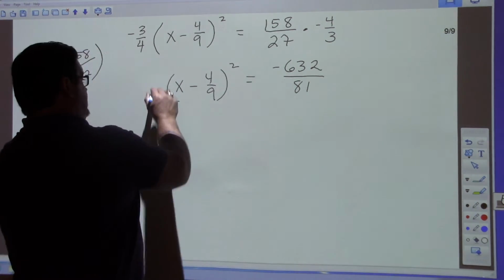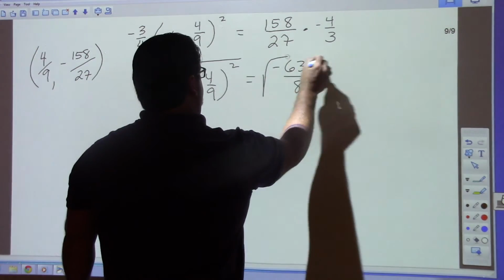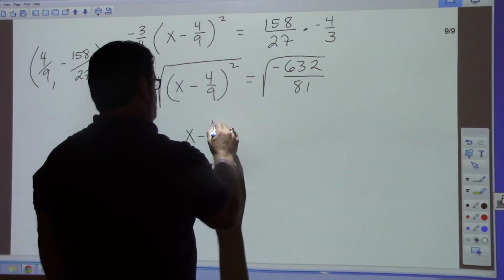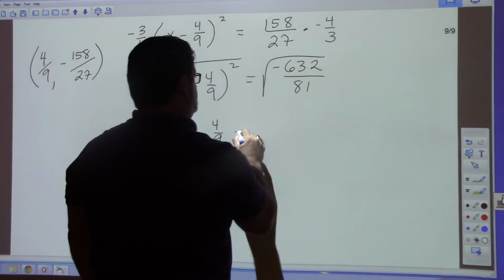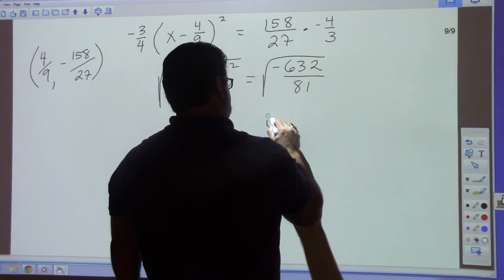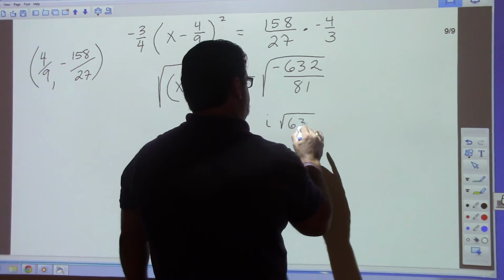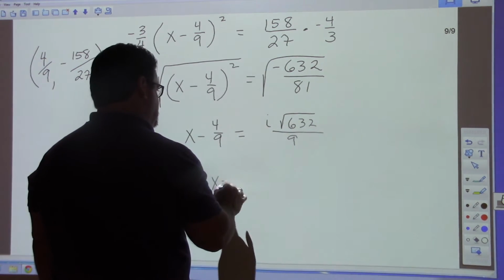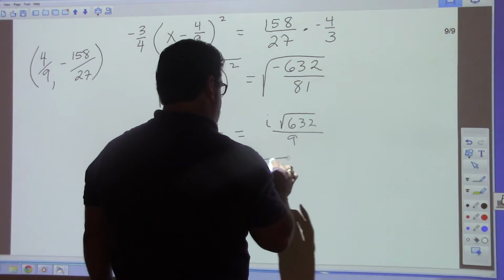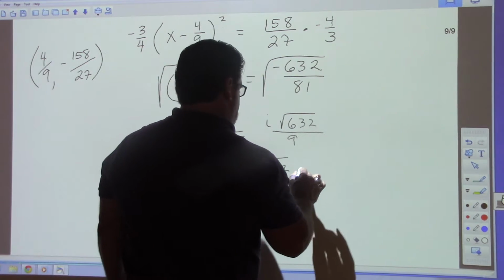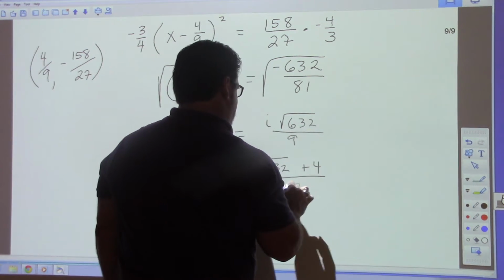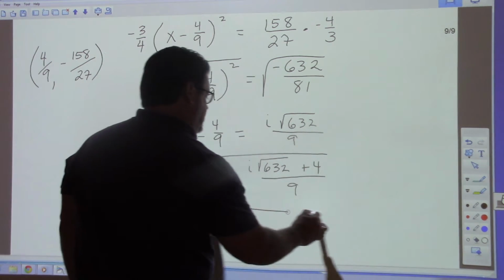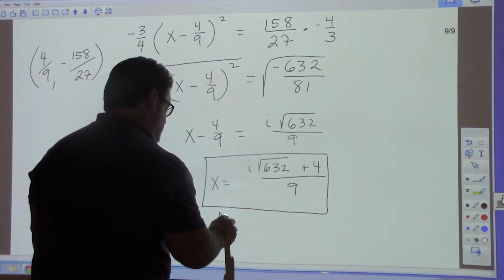And that's going to give me square root x minus 4/9 is equal to i square root of 632 over 9, and x is equal to i square root of 632 plus 4 over 9, which means no x-intercepts.